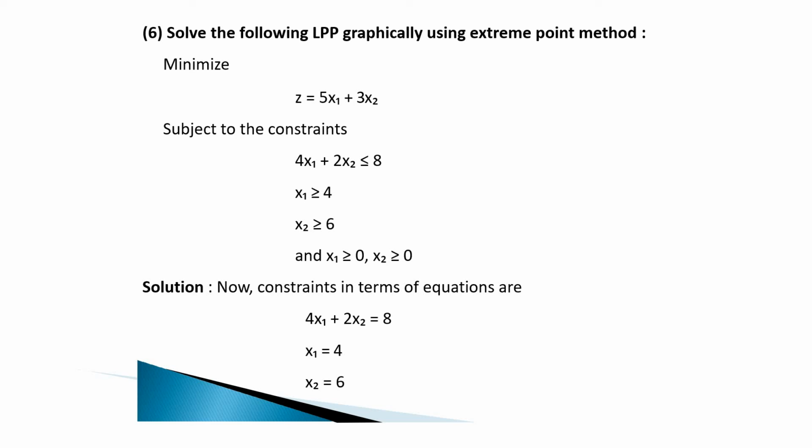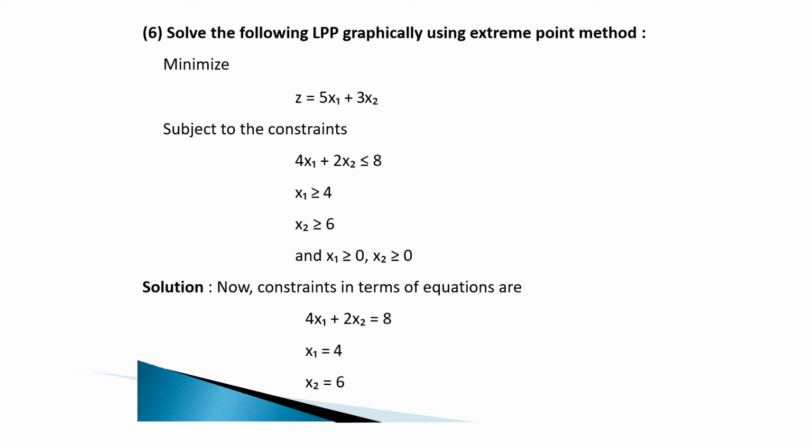Minimize z is equal to 5x1 plus 3x2 subject to the constraints 4x1 plus 2x2 less than or equal to 8, x1 greater than or equal to 4, x2 greater than or equal to 6, and x1 and x2 both are non-negative.